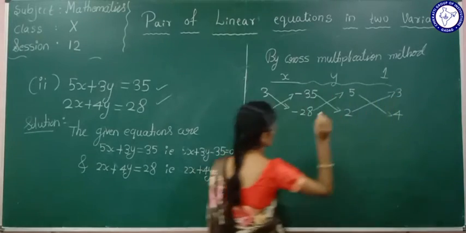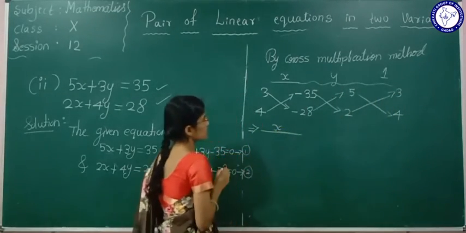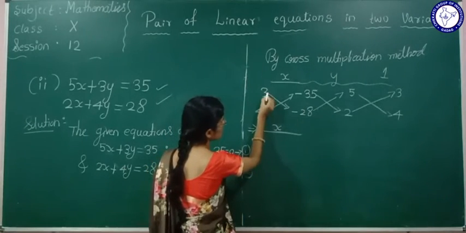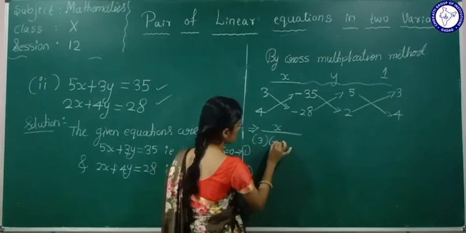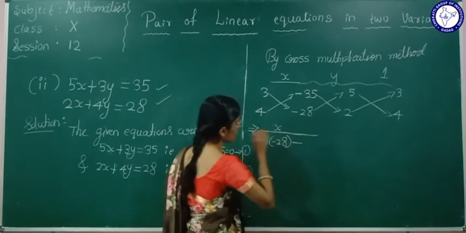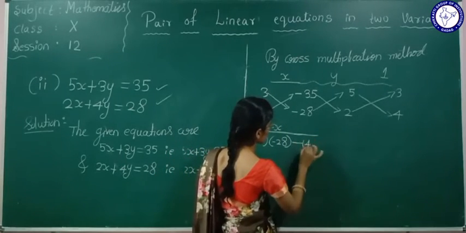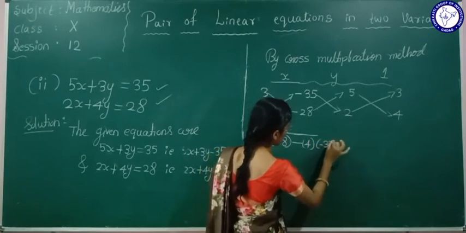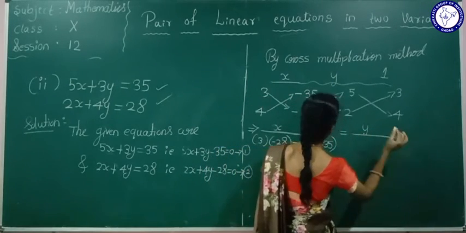So this implies x. Now first we have to multiply the downward arrows, that is 3 multiplied by minus 28, subtract the upward arrows, that is 4 multiplied by minus 35, is equal to y.